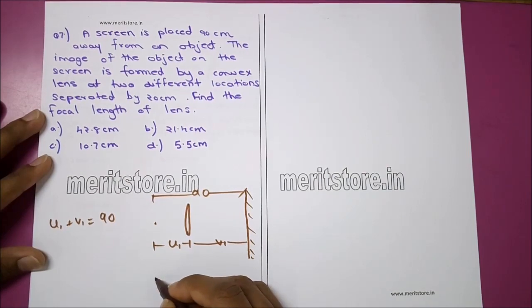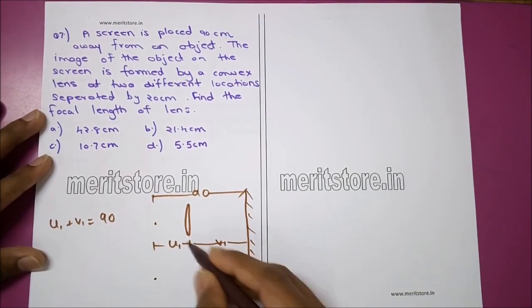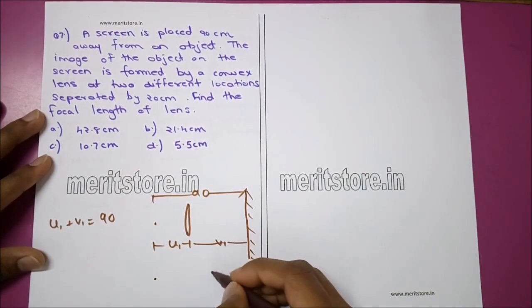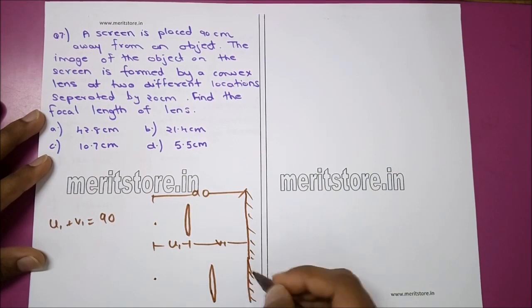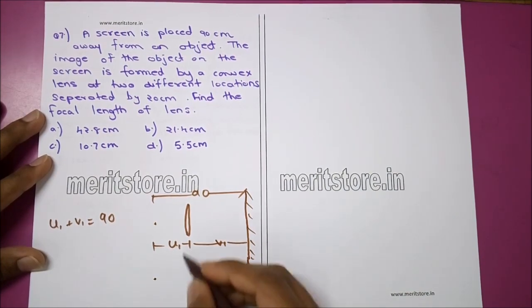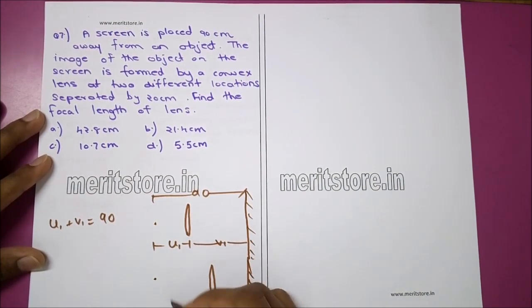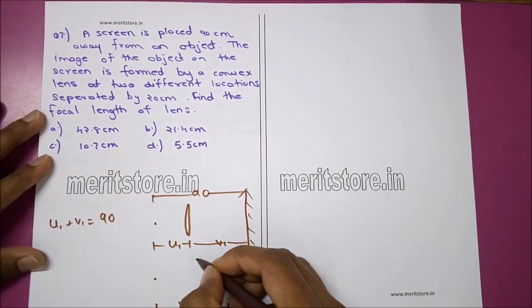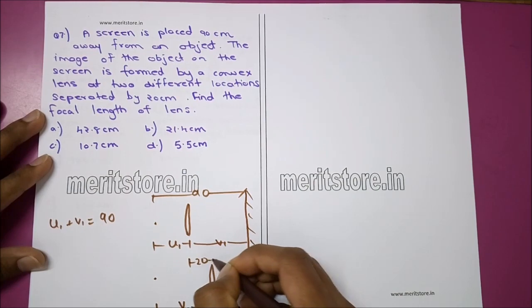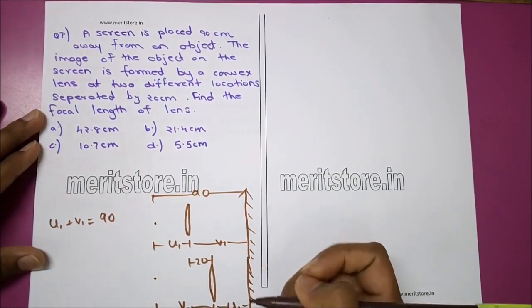Now a second case in which the same object is placed but the distances of the lens from the object and the screen are interchanged. So the object comes at a distance of v1 and the screen is at a distance of u1. This is done by moving the lens through a distance of 20 centimeters.